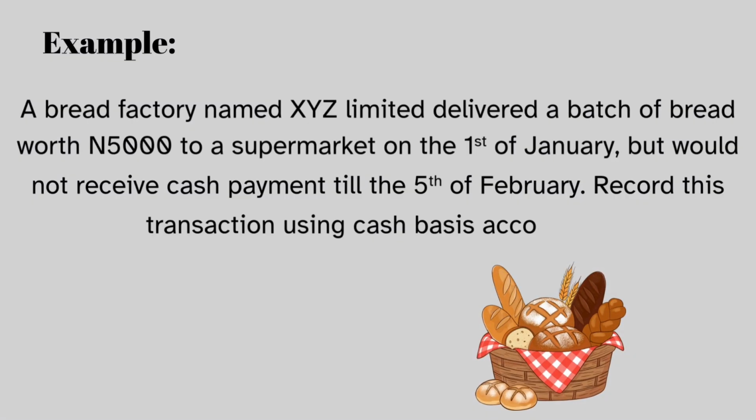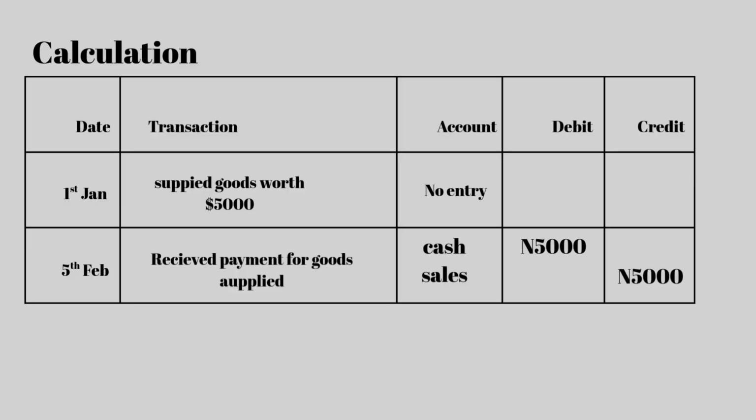So here is our illustration. So on 1st of January, goods worth 5,000 naira was supplied. So we cannot record that transaction. So there is going to be no entry on the 1st of January. But then we receive money on the 5th of February. So now let's look at our transaction entry.